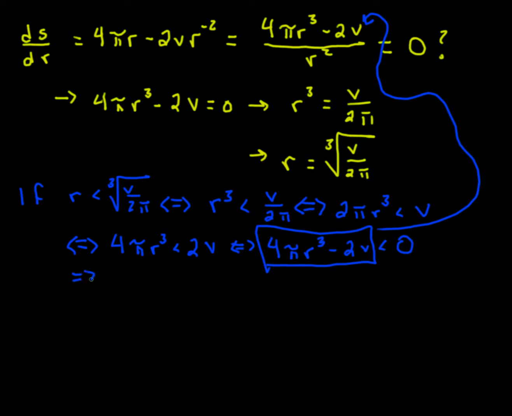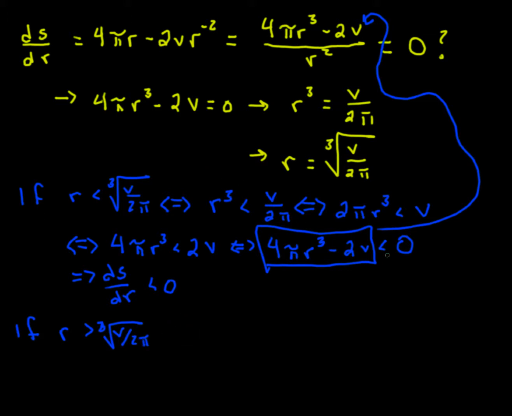So this implies that ds/dr is less than 0. On the other hand, by almost an identical argument, if r is greater than the cube root of v over 2 pi, I would do the exact same thing.